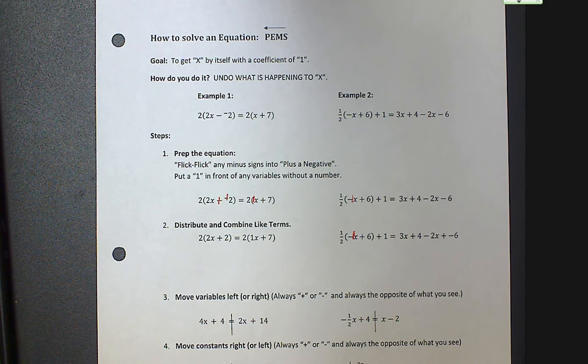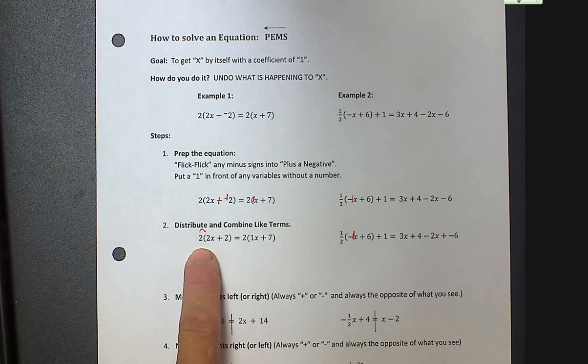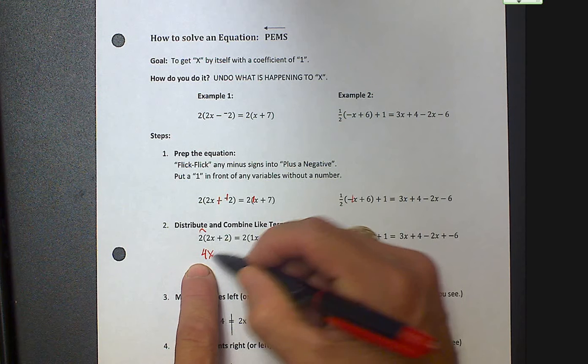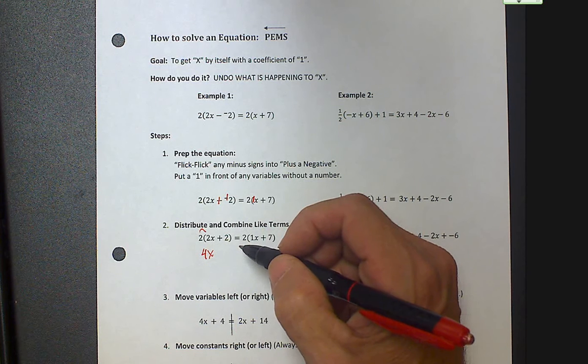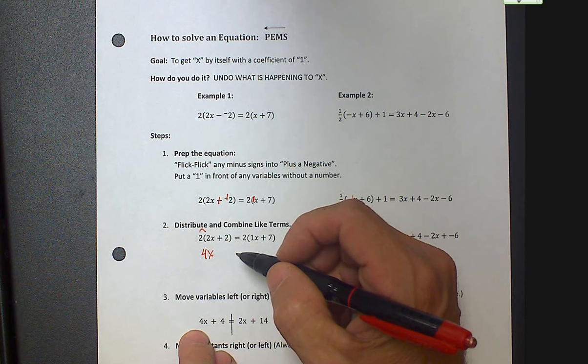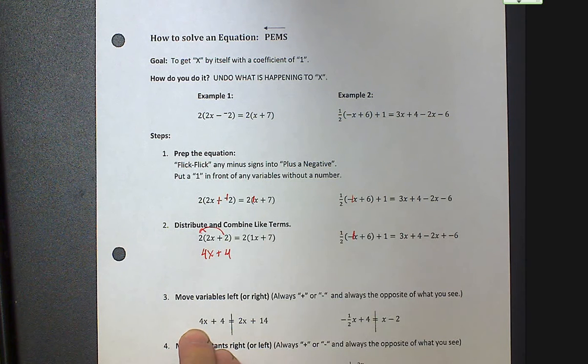So if I distribute, Corbin, what am I going to get right here? 4x. Chipper, what else am I going to get here? Plus 2. Plus what? 4. Plus 4, exactly right. That 2 has to go to everything in there. You've got to distribute it all the way through.